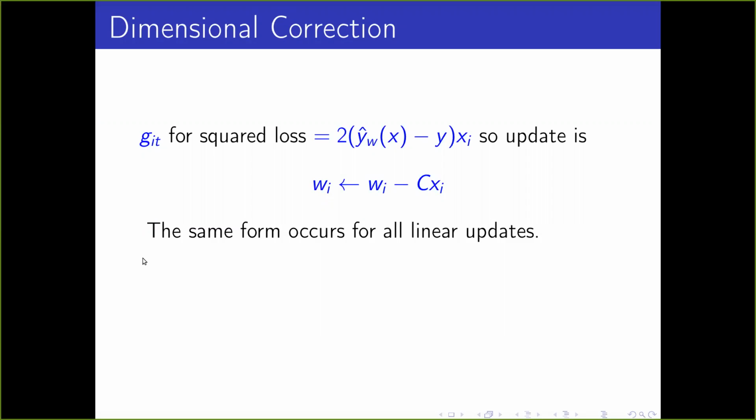If g_it is the gradient for feature i at time step t, your update rule ends up looking like this. You have the weight assigned the weight minus some constant times x_i. It's kind of weird because your prediction is w_i times x_i. So if you double the features, then the weight needs to halve to give you the same prediction.